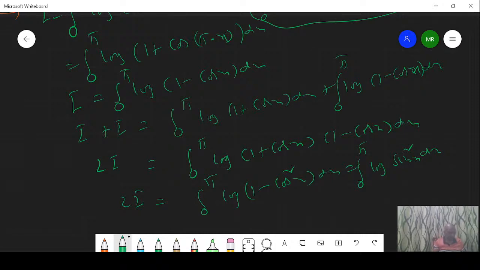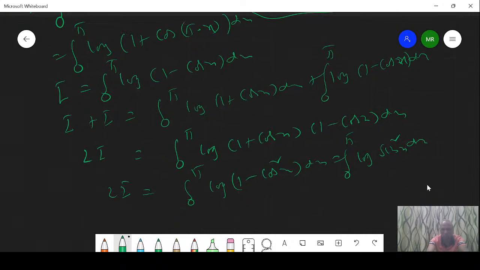Even in the previous class, I told you the value of integral 0 to pi by 2 log sine x dx. Do you remember that value? Even you can see this one: I got 0 to pi log sine square x dx.